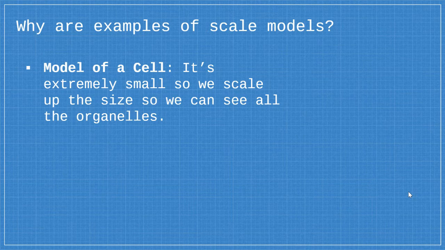We need a microscope to actually look at cells and see what makes up a cell. And even at school, our microscopes are not big enough to actually see some of those small parts, which we call organelles of cells.